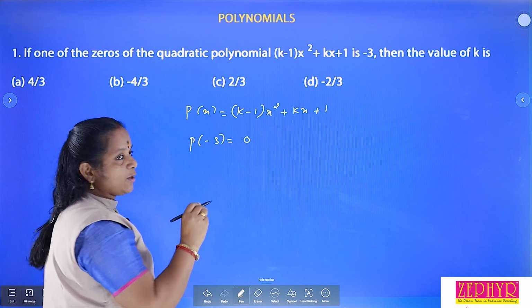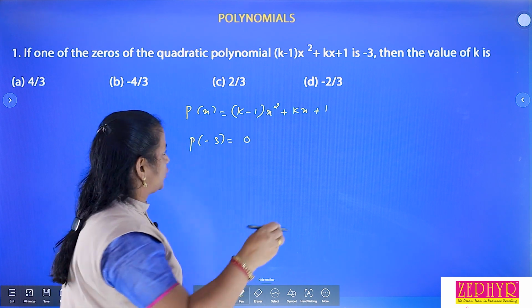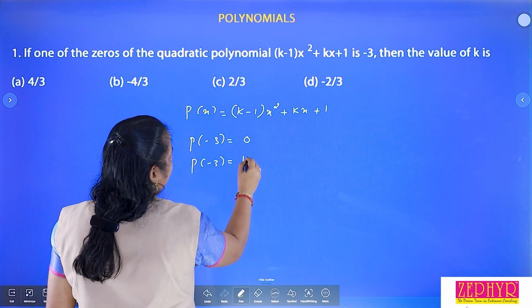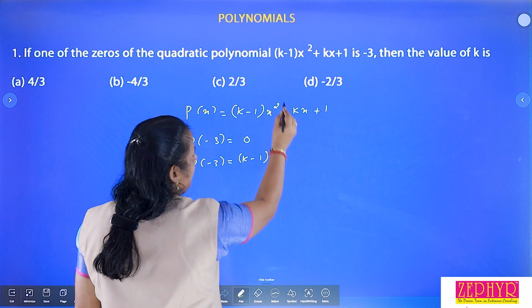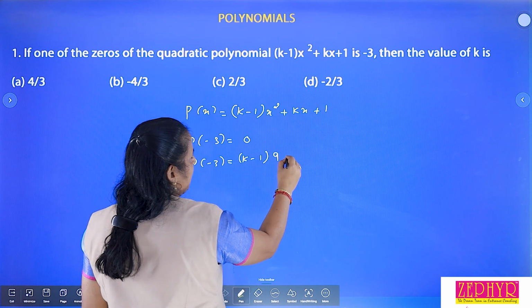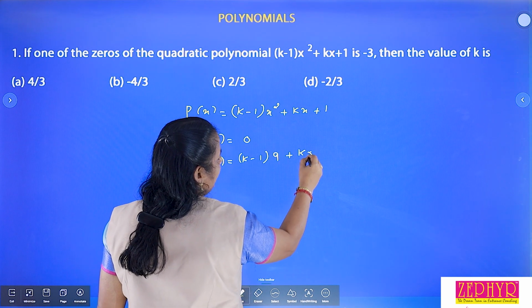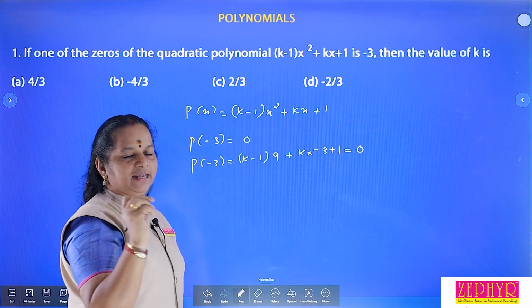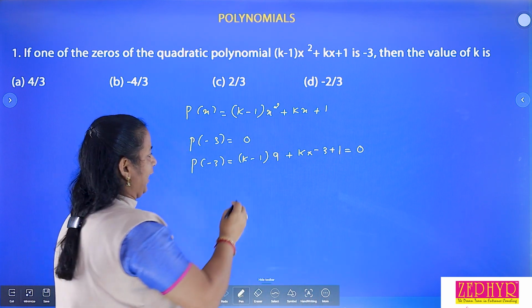So put x is equal to minus 3 in this polynomial. We get p of minus 3 equal to k minus 1 into minus 3 square, that is 9, plus k into minus 3 plus 1 is equal to 0. Then we get an equation in terms of k.